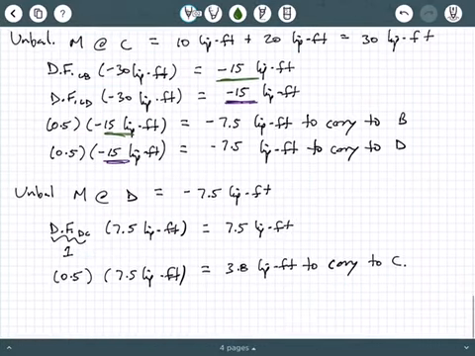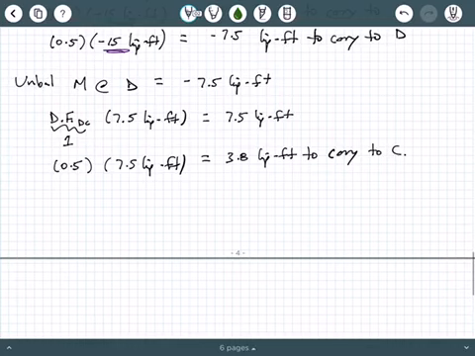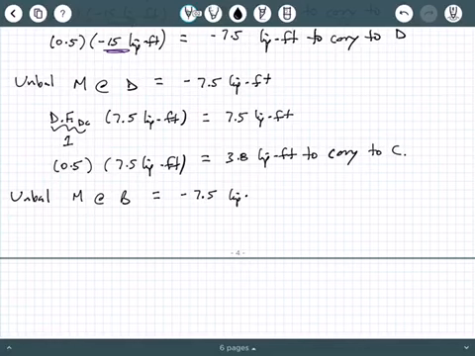So let's look at that imbalance at B right now. We have an unbalanced moment at B, and that is equal to negative 7.5 kip feet. And then we distribute using our distribution factors.